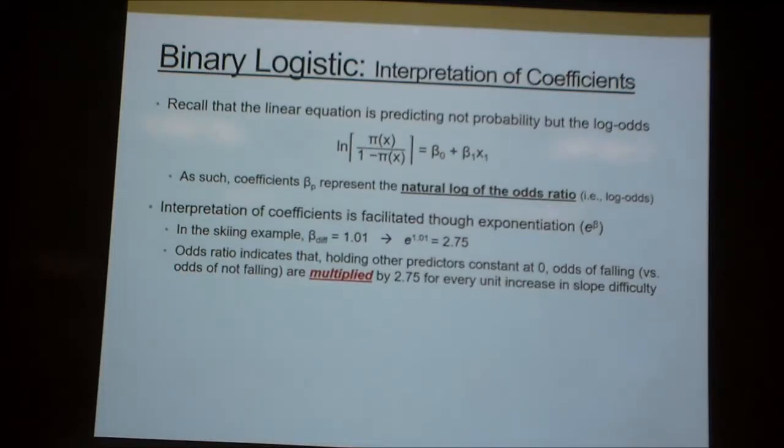But for every increase, I'm taking the odds ratio to that power. So if you've got a very fine-grained scale, maybe what we would talk about is, given a standard deviation increase in this continuous predictor, what would be the change in odds for falling versus not falling.